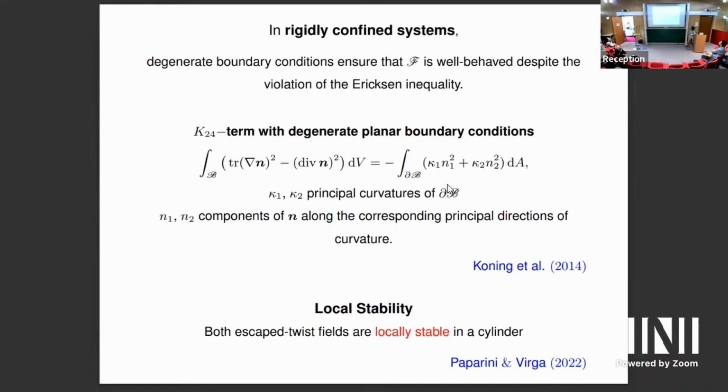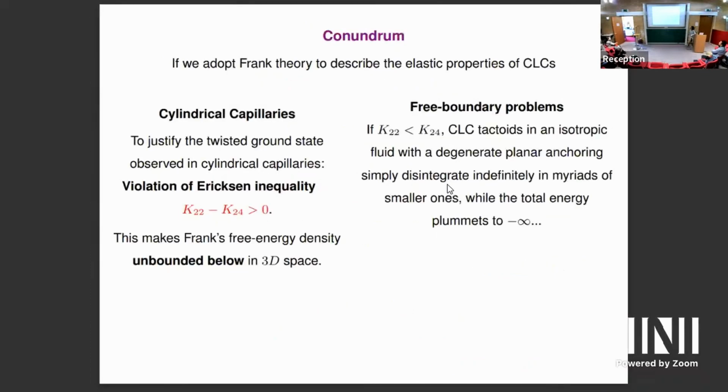And to probe the lack of pathology emerging from the lack of boundedness in the general setting, we study the local stability of the escape twist fields in a cylinder, and we find that they are locally stable. But this latent pathology emerging from the application of the Frank theory to the elasticity of common liquid crystals is revealed when we study free boundary problems.